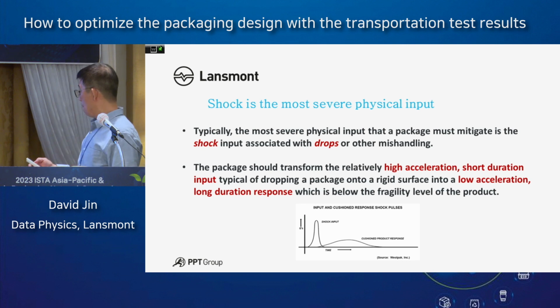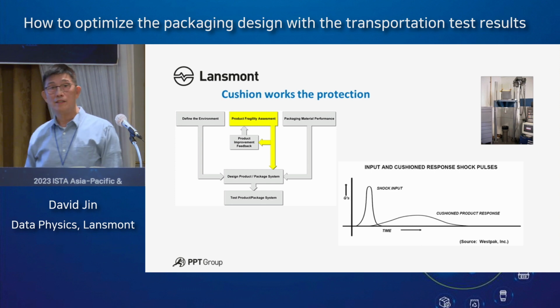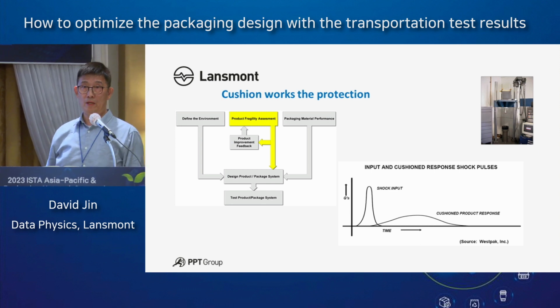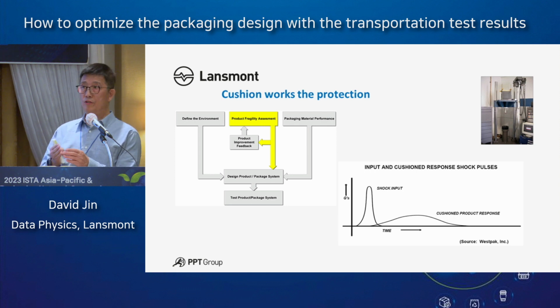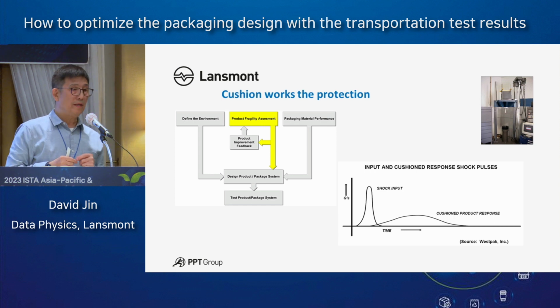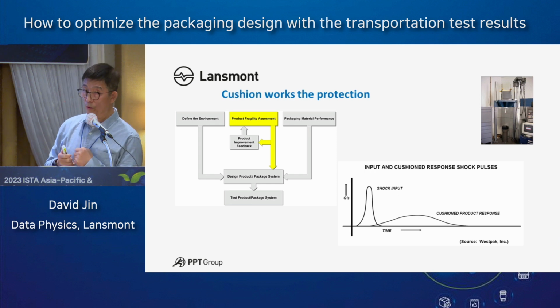But the integration of both pulses here is the same energy. Even though it's the same energy, the other part gets into the product, because the cushion material absorbed the energy for you. So that's what we want to find out, okay?